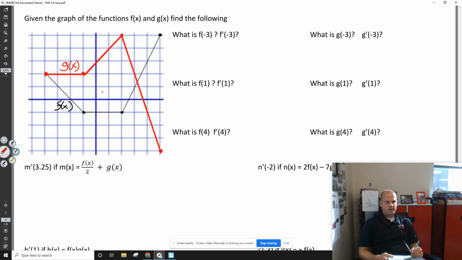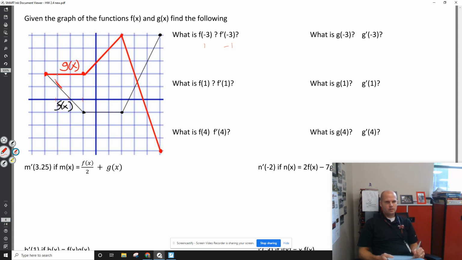If I ask you what's F of negative 3, you can find the Y value, that's 1. If I ask you to find F prime of negative 3, I'm asking you for the slope of F at negative 3. Since this is a line, the slope is the slope of that line, which is negative 1.